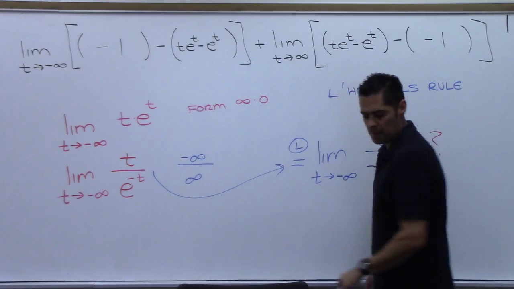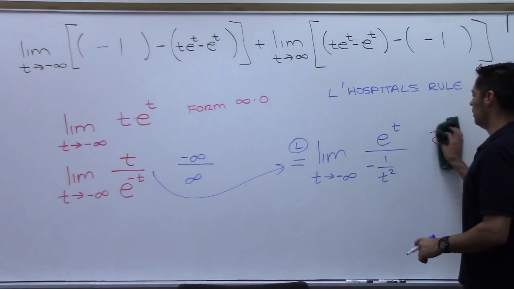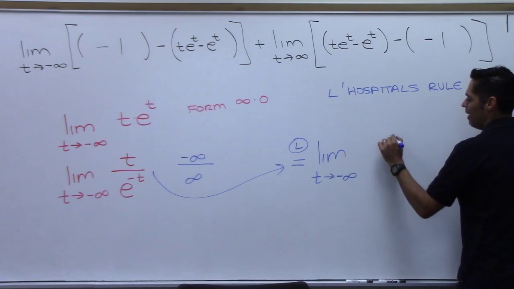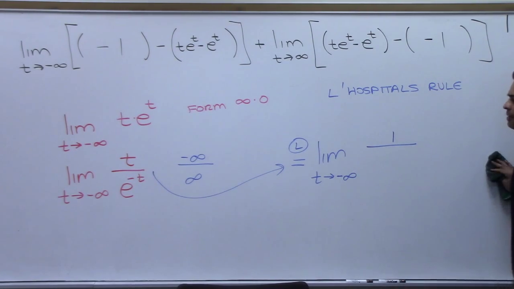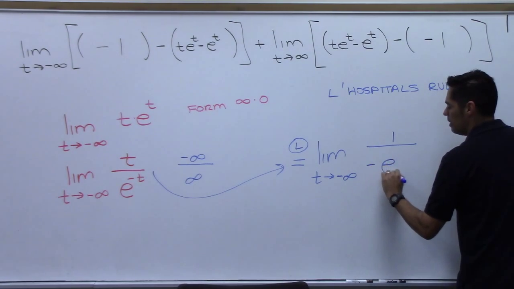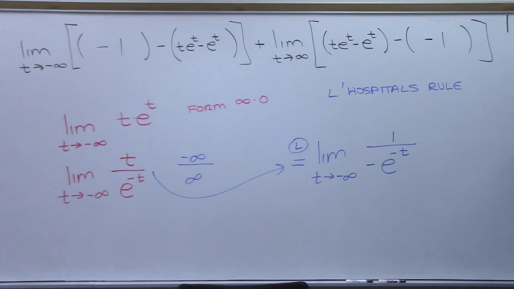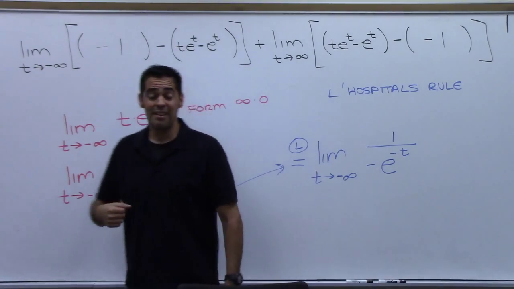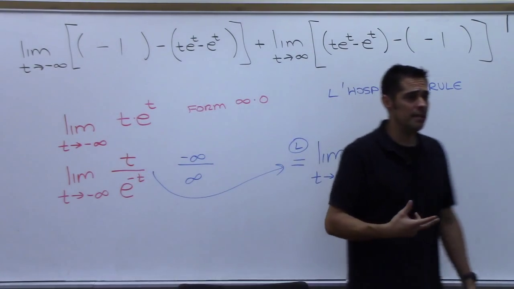So I'm okay to use L'Hopital. Here it comes. L'Hopital again. What's the derivative of the top? 1. I like that. What's the derivative of the bottom? Negative e to the negative t. Chain rule, right? The derivative of e to the negative t is itself times the derivative of what's up there, which is negative 1. Now let t go to negative infinity.